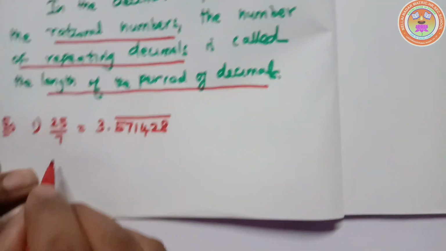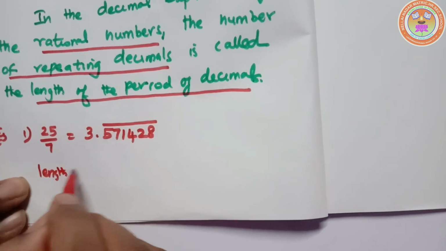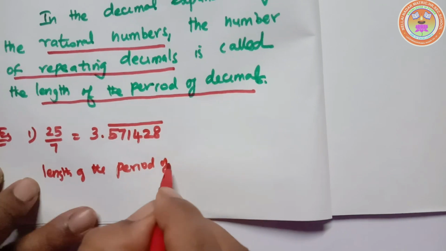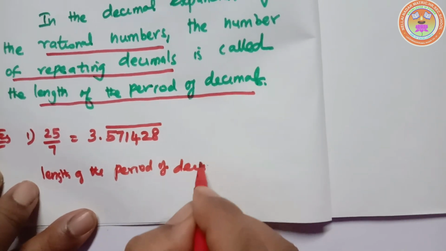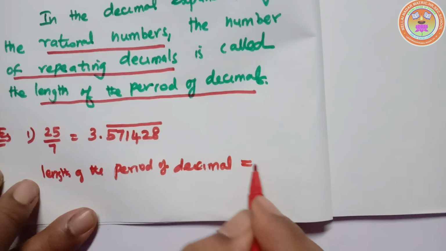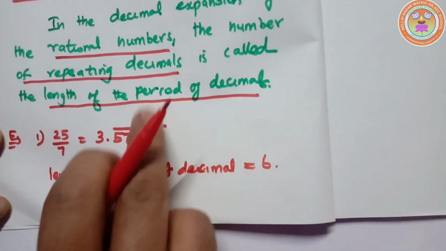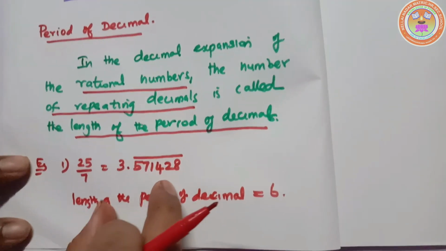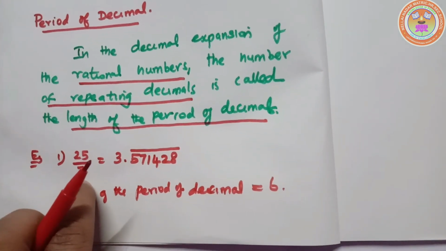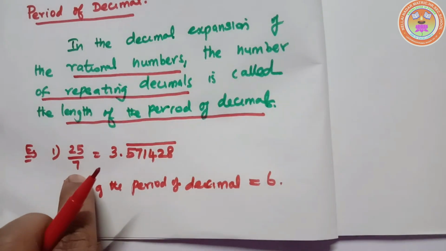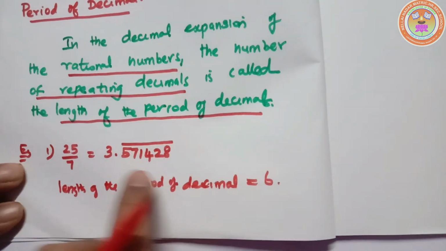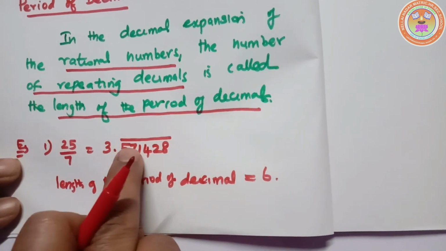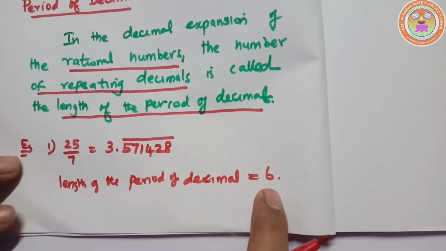So the length of the period of decimal is equal to 6. Understood, children? If they ask the period of decimal, you divide and check whether it is terminating or non-terminating. If it is non-terminating, you make a bar and count the digits in the bar: 6 digits. So the length of the period of decimal is 6.